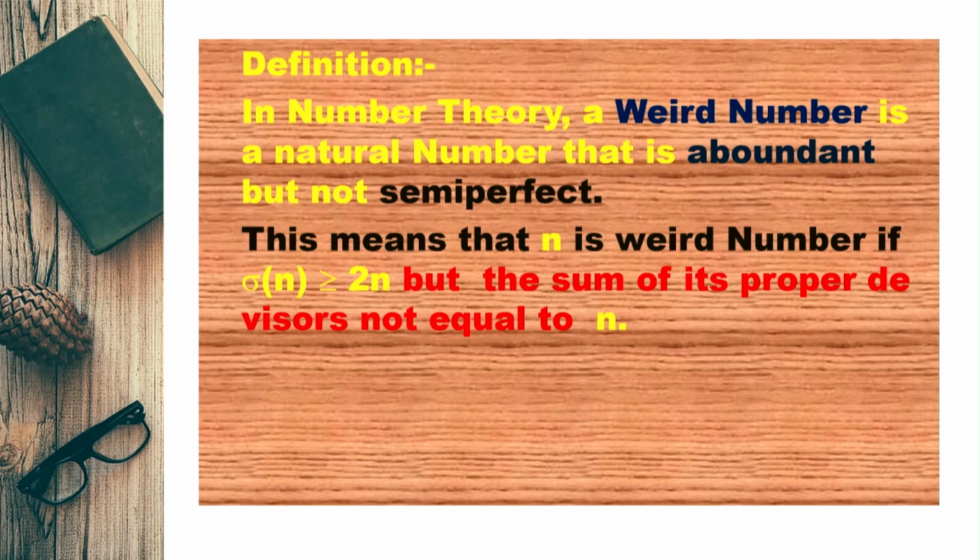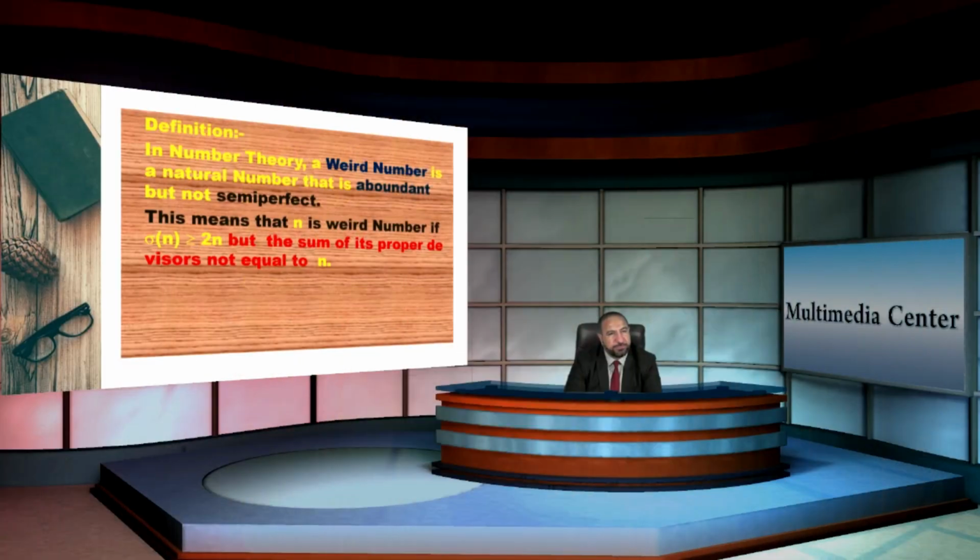Now, in number theory, we define the weird numbers. We call n a weird number if sigma of n is greater than 2n, but no sum of its proper divisors equals that n. That means if we have a natural number n, we look at its divisors. For instance, 12 is a natural number and its divisors are 1, 2, 3, 4, 6, 12.